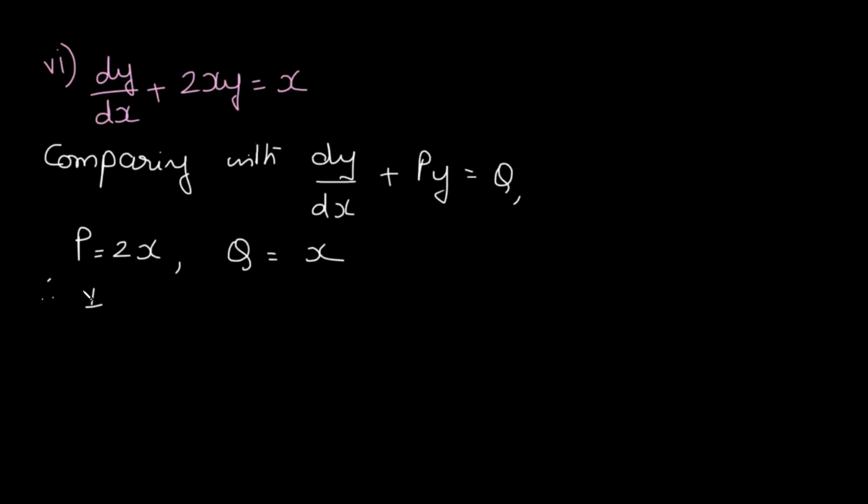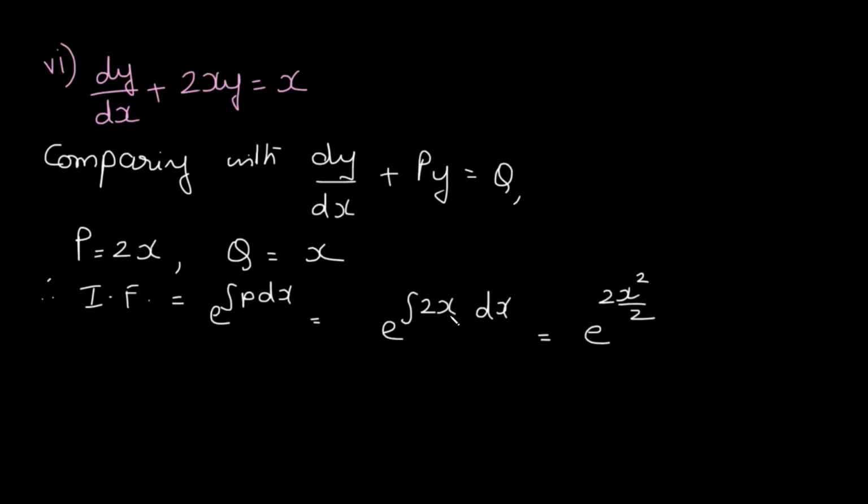Therefore our integrating factor becomes e raised to integral P dx, which is e raised to integral 2x dx. Upon integrating we get e raised to 2x square upon 2, because the integral of x is x square upon 2. 2 is a constant, so 2 and 2 go away. So here we get the answer as e raised to x square.